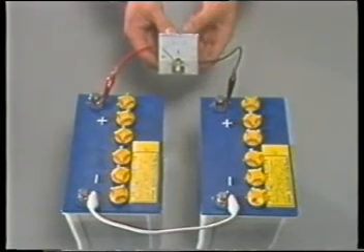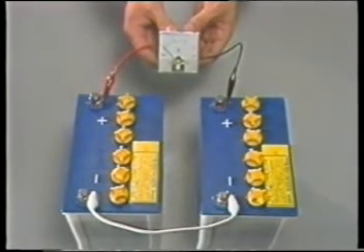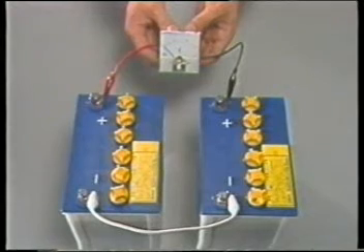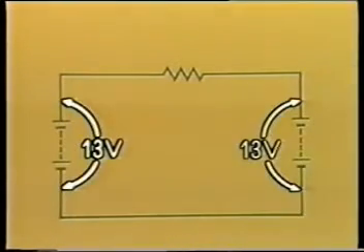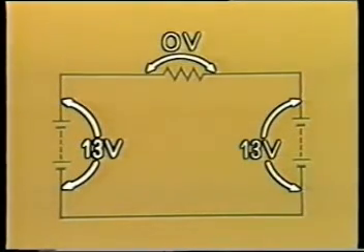The meter indicates 0 volts. Each battery has 13 volts, and this voltage is applied to both sides of the lamp. But the voltmeter shows 0 volts, since there is no potential difference between the 2 points.